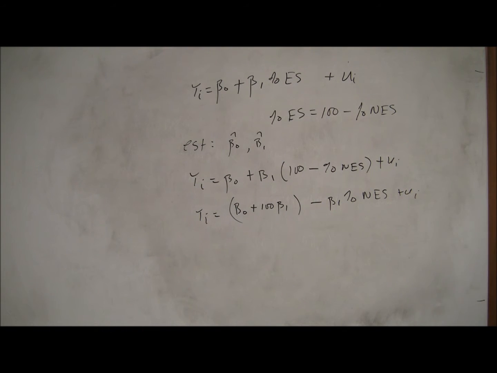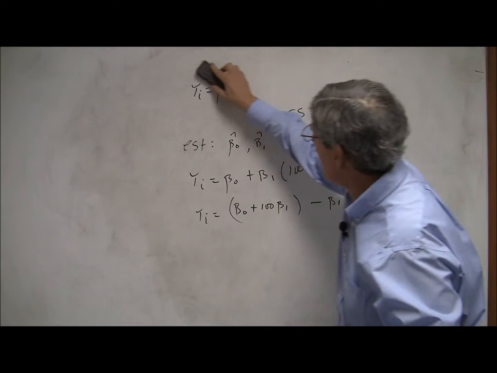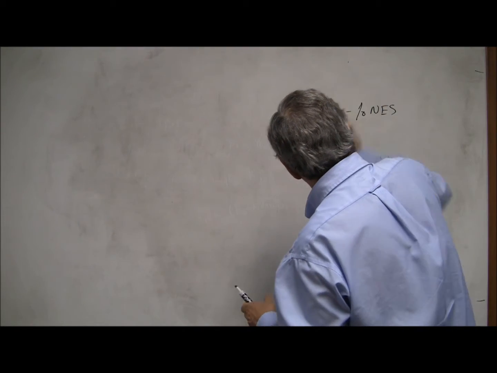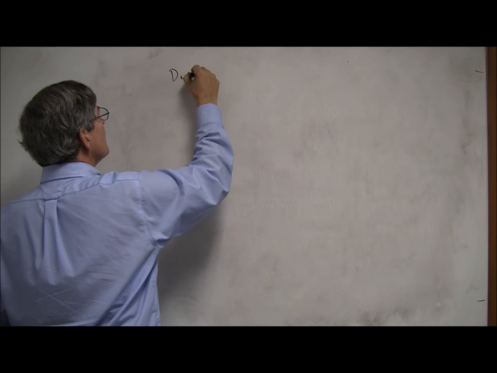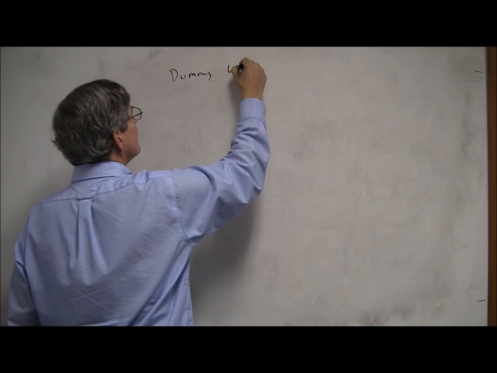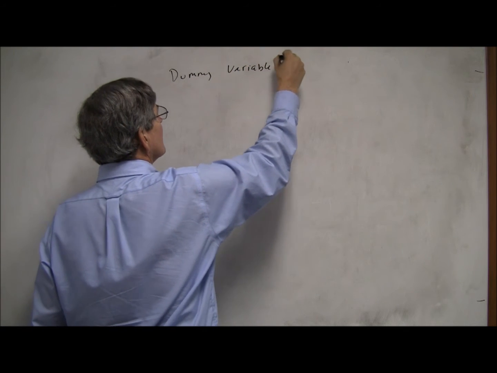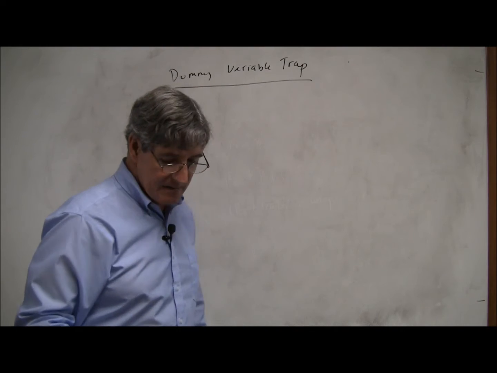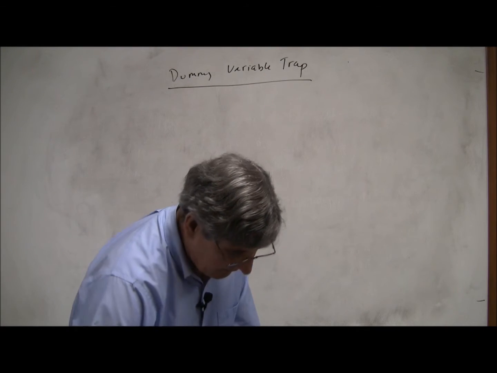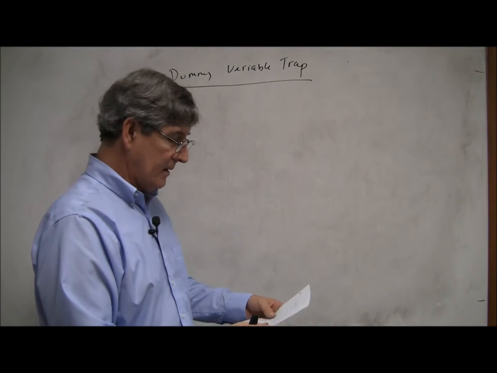Okay, let's go back to the dummy variable trap. It's going to be much the same thing, and this is an example of multicollinearity.